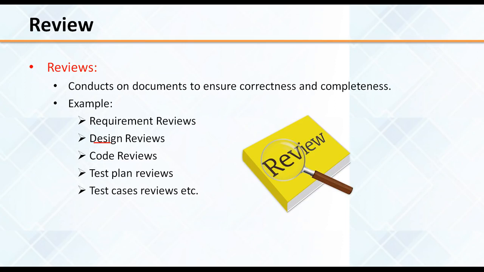As soon as the design is ready, we verify whether all the design documents are correct and complete. Developers do code reviews: once they have written the code, they check syntactical errors, logical errors, and whether exception handling is done properly.